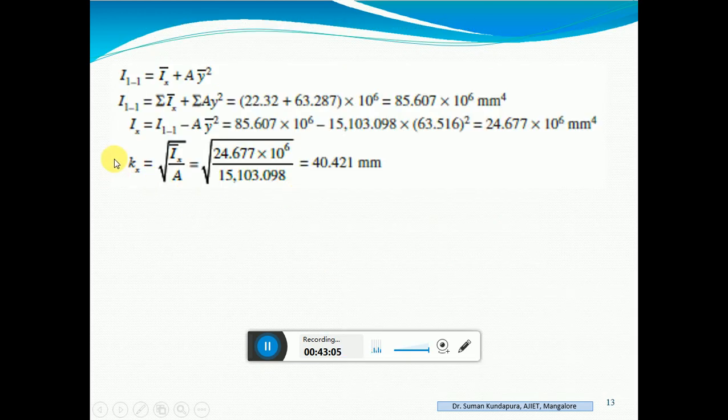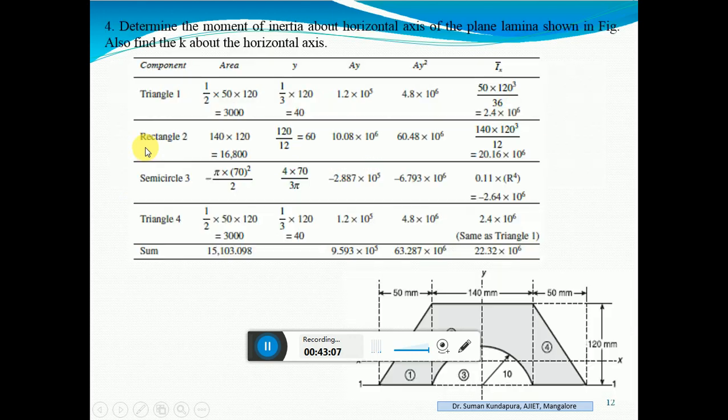Here only Ix is asked. Even if it is asked, then it is symmetrical about the y-axis. So you can find out I bar g y for each of the component, and then Iy bar directly you can find out because it is symmetrical about the y-axis. Okay.